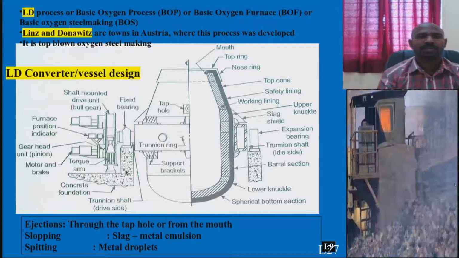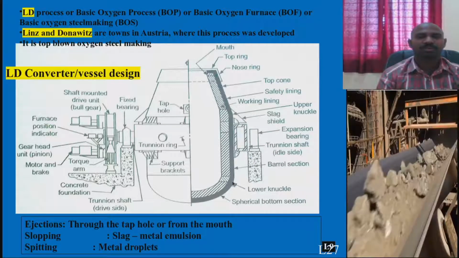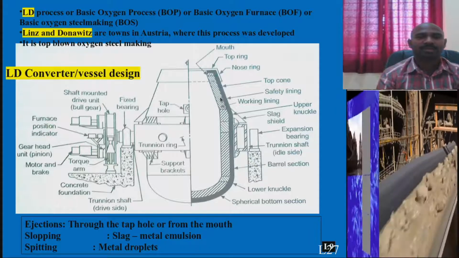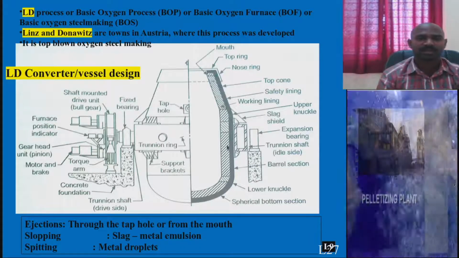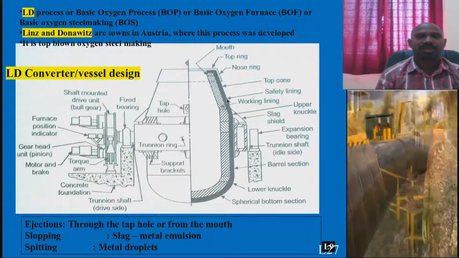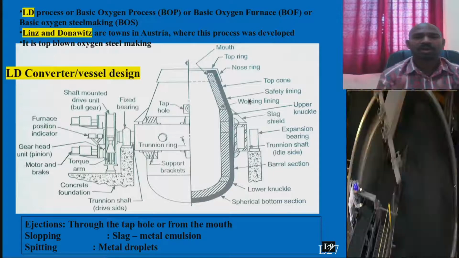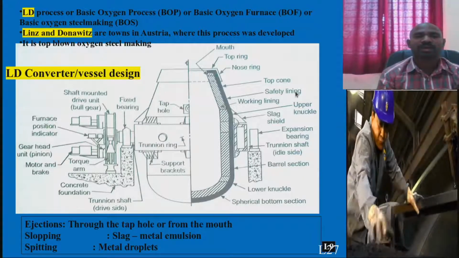Now if you see broadly, the main parts of the LD design are these. The scratched lines give an idea about the refractory lining. This particular black line is the safety lining.